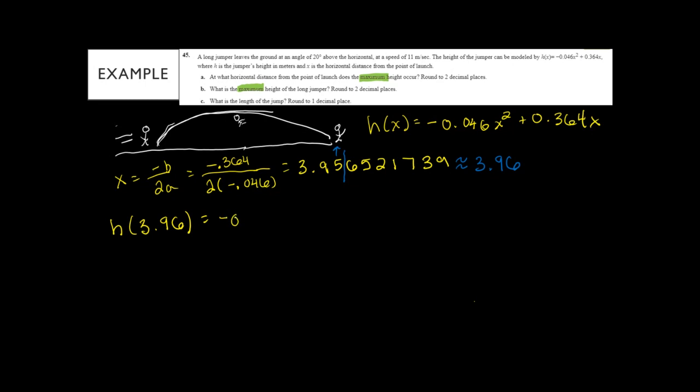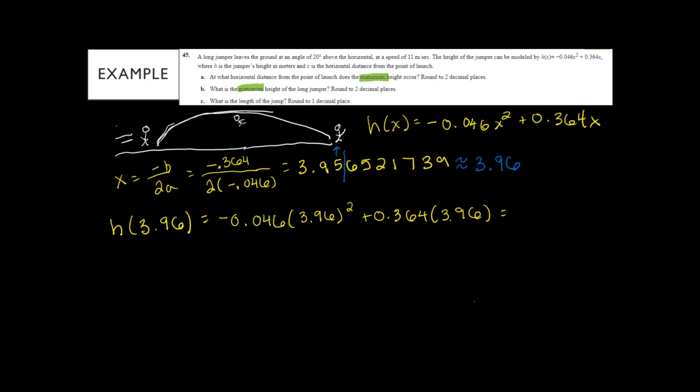So I've got negative 0.046 times 3.96 squared plus 0.364 times 3.96. Whether you just do that on your calculator or Desmos, it might actually take the same amount of time. I'm just using my calculator for now.